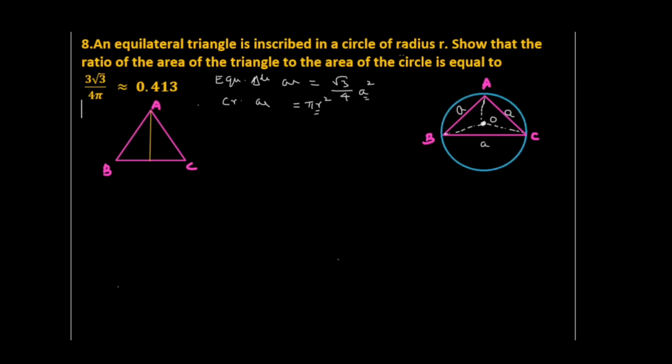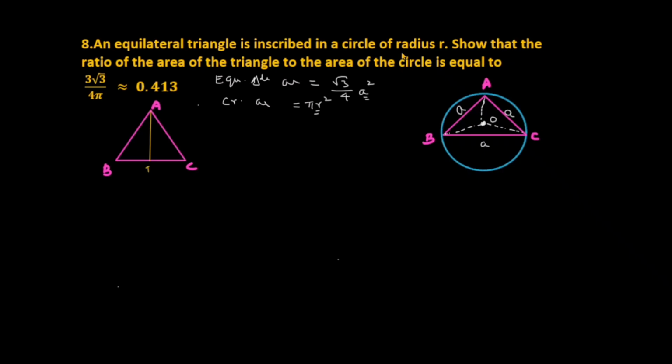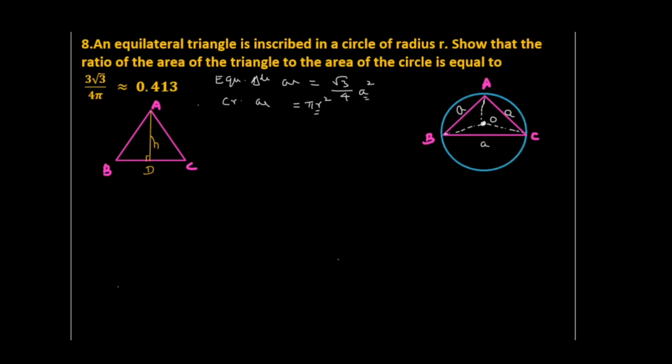As well, in an equilateral triangle, very particularly, AD is not only the height, it is also the median, that is, D is the midpoint of BC.